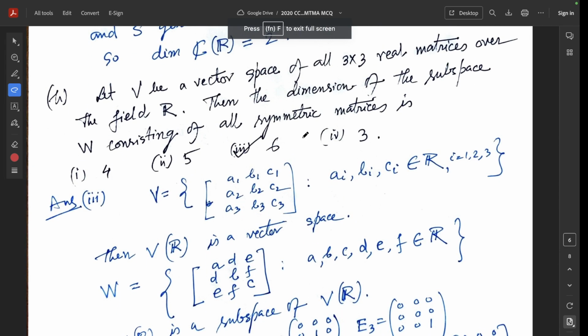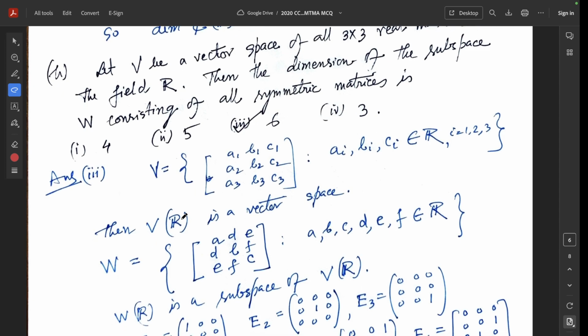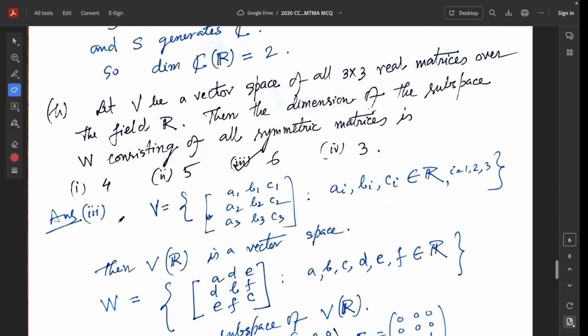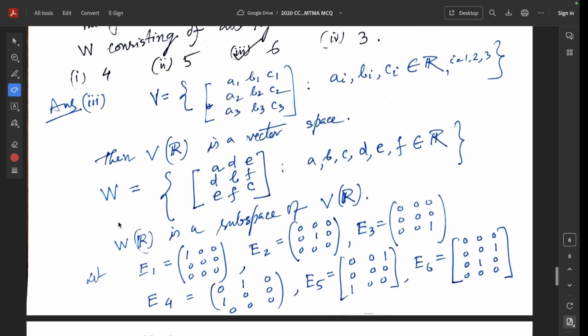Let V be the set of all 3 by 3 real matrices, say a1, b1, c1, a2, b2, c2, a3, b3, c3, where ai, bi, ci all belong to the set of real numbers for i equal to 1, 2, 3. Then V is a real vector space here, and W is the real symmetric matrices, W equal to [a d e; d b f; e f c], a symmetric matrix, and a, b, c, d, e, f all belong to the set of real numbers.